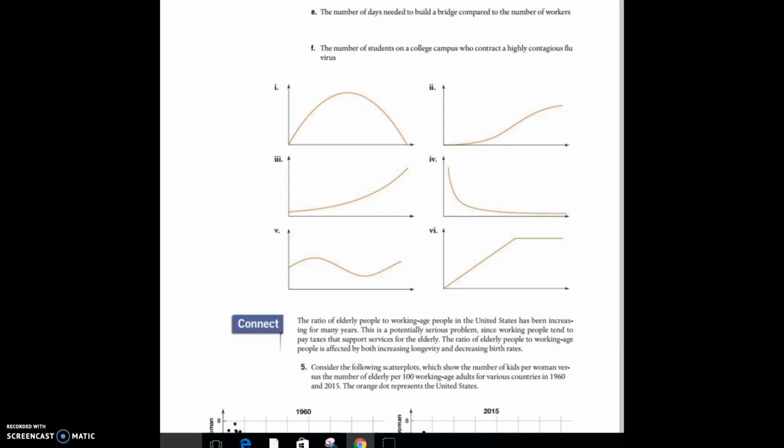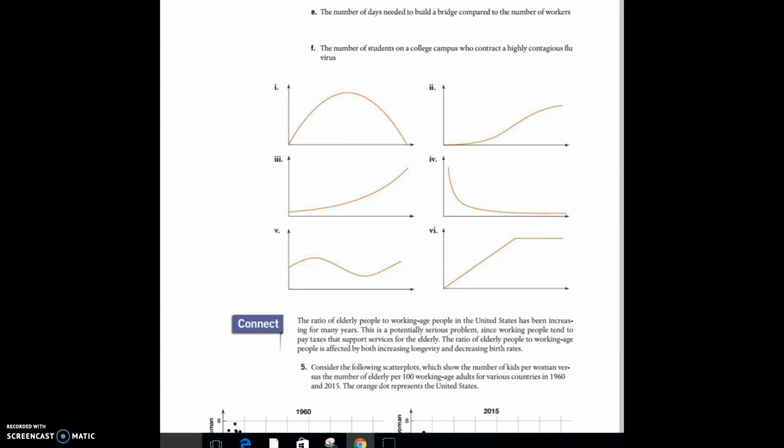All right, so which ones are left here? Which ones haven't we done? The number of days needed to build a bridge compared to the number of workers. So the number of days: if I only have 1 worker, it's going to take like infinity to build a bridge. If I have 2 workers, probably infinity, 3, whatever. Then maybe I have 20 workers, and I get some measurable time, like a year or 365 days.